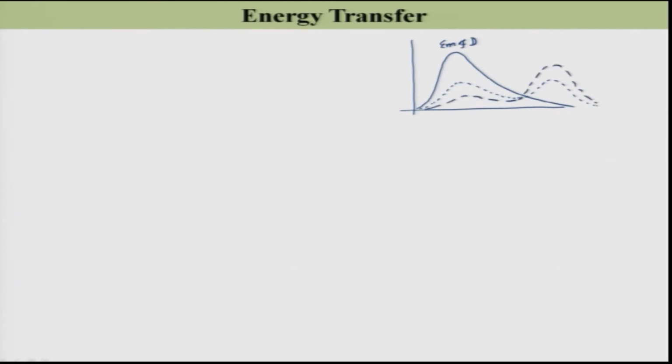Here the intensity will decrease and here the intensity will increase. If you monitor the fluorescence intensity at this wavelength and at this wavelength, then with increasing acceptor concentration, that means the average distance between the donor and acceptor will change, you will get a reduction in the fluorescence intensity here, and at this wavelength the fluorescence intensity will increase.